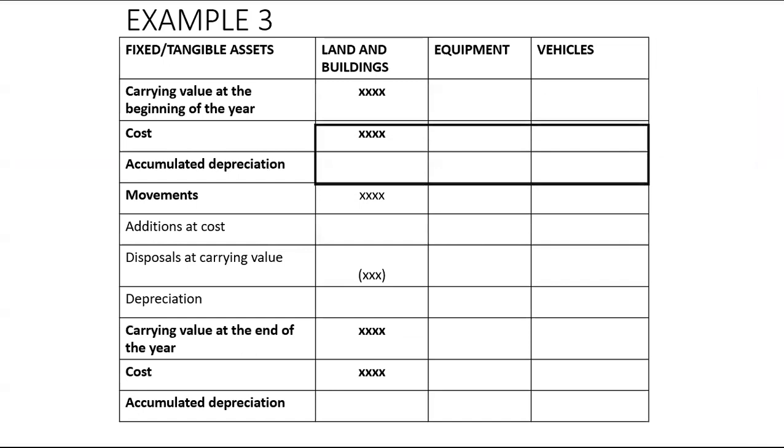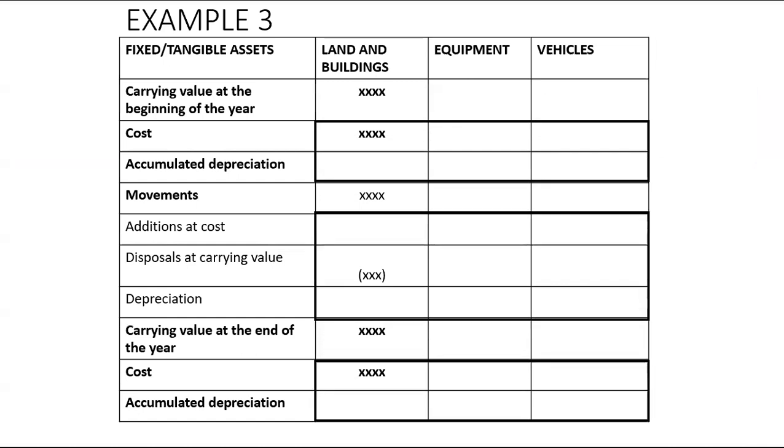Now, when you record this, please note that the cost of equipment at the beginning of the year will be 400,000. And accumulated depreciation on equipment at the beginning of the year will be 175,000. Now, to get the carrying value at the beginning of the year, you will take 400,000 minus 175,000, and that'll give you 225,000.